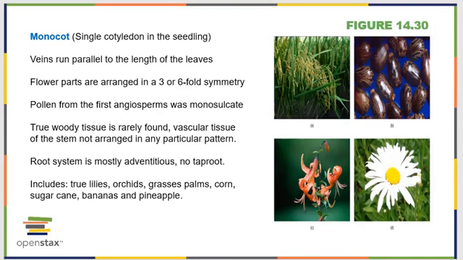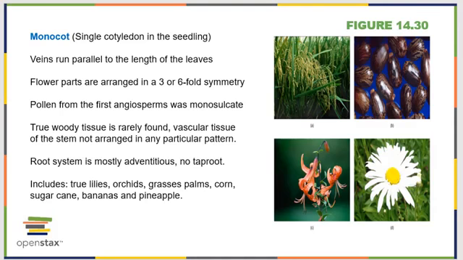For your monocots, they're called monocots because they have a mono, 1 cotyledon, 1 little tiny leaf inside of their seedling. They also have veins that run parallel to the length of their leaves, and all of their flowering parts are arranged in groups of 3 or groups of 6.